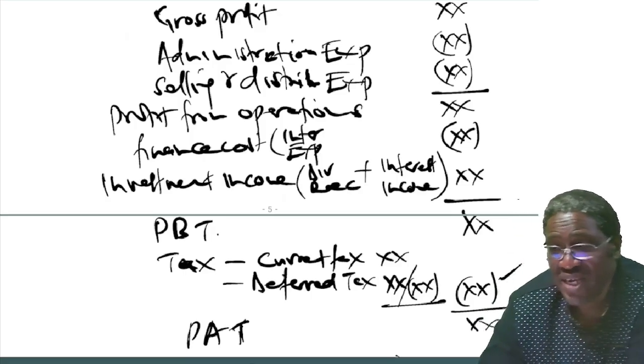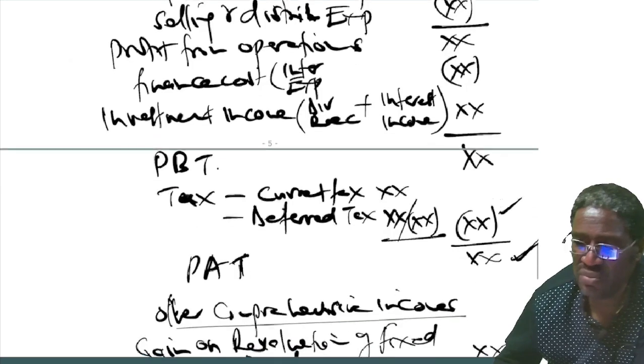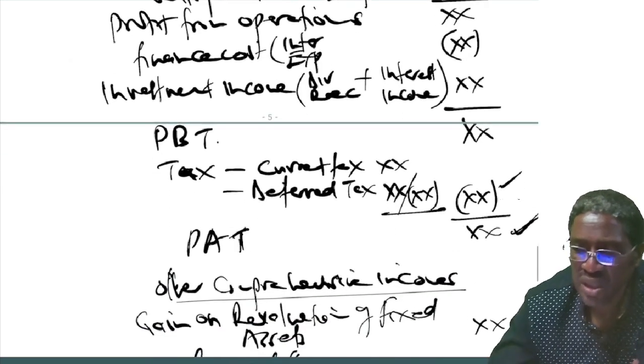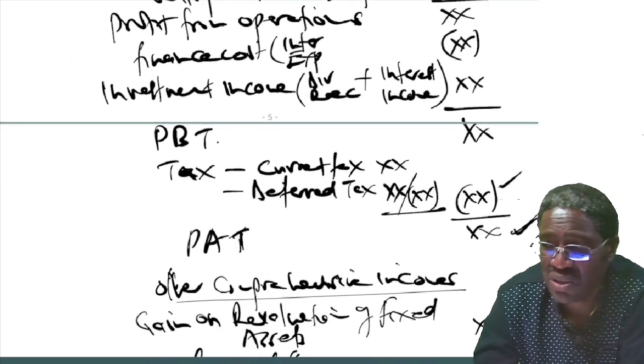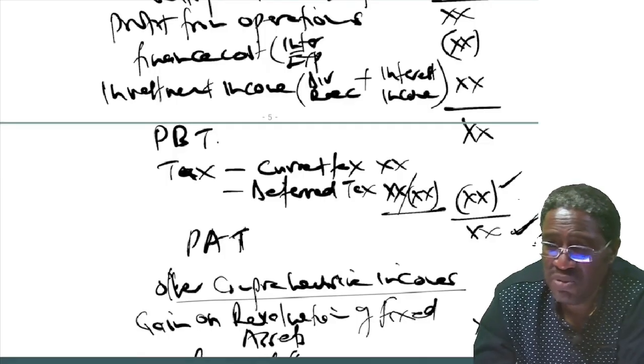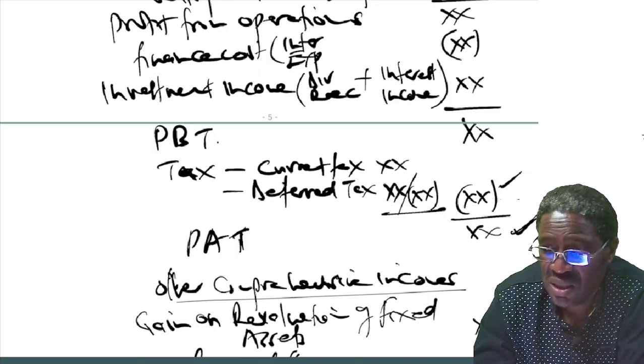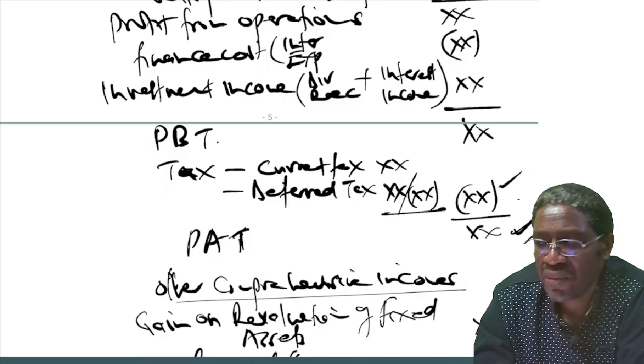Then you get the net, push it to the extreme, and deduct that net amount from the profit before tax. Then you get the profit after tax. Okay? Assuming you're through.